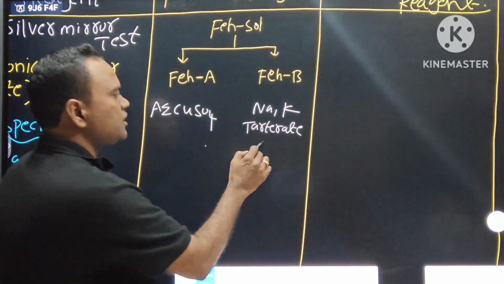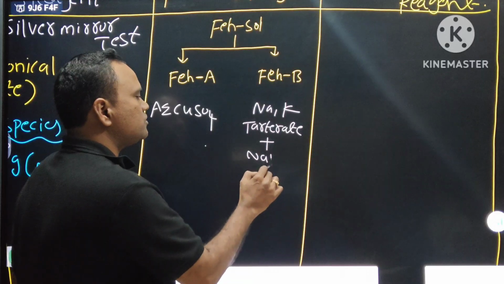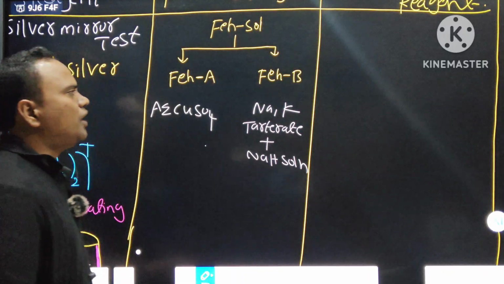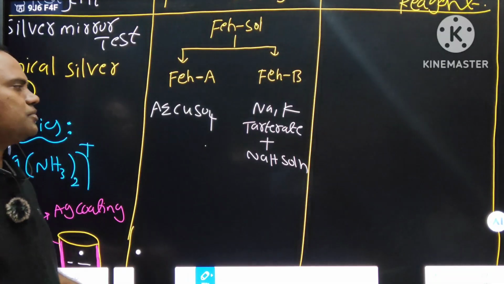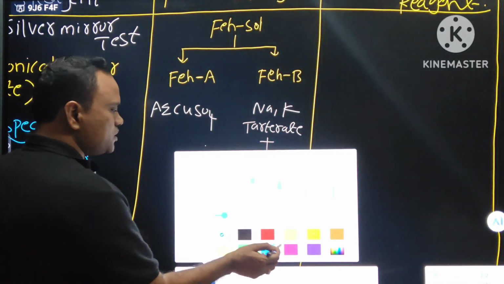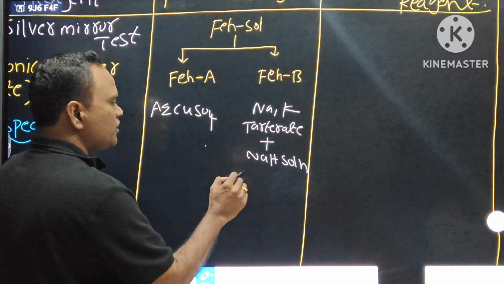Learn the name. Plus NaOH solution. Fehling B is sodium potassium tartrate plus NaOH solution, commonly called Rochelle salt. Very important.